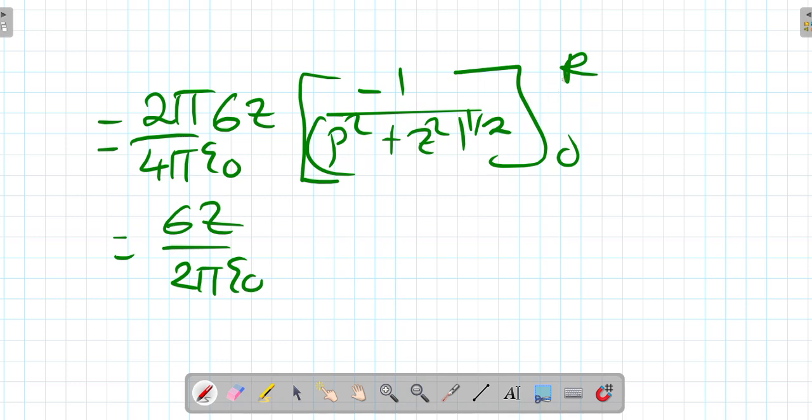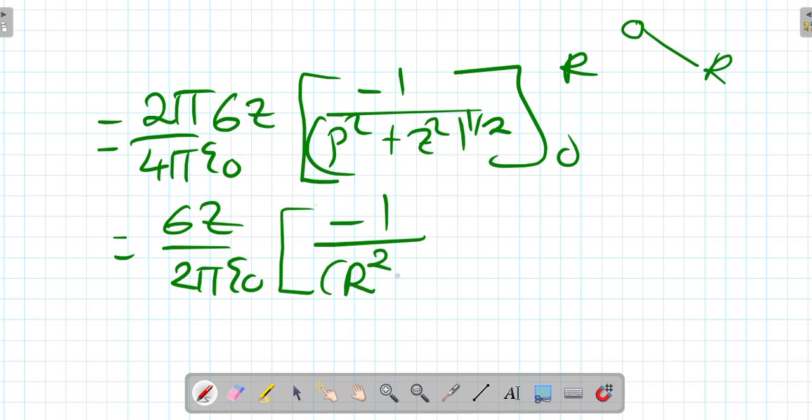Mind you, the only place where we're going to put r is rho, because rho is the only one that varies from 0 to r. So what we're going to have is negative 1 over, where there is rho, r squared plus z squared to the power 1 over 2. Then because there's a minus here, it's going to be plus.